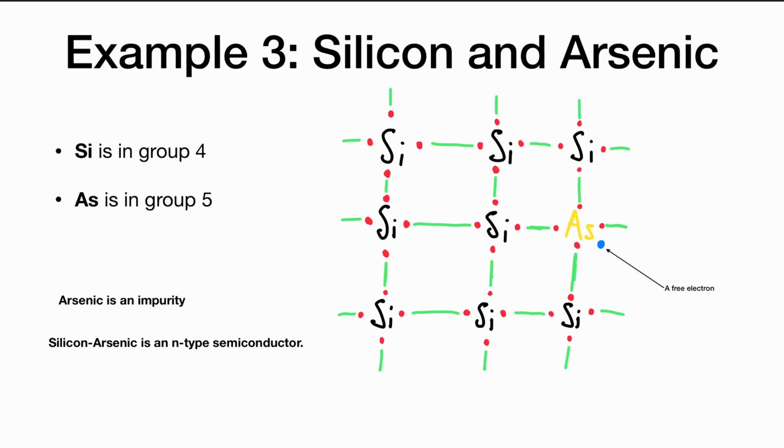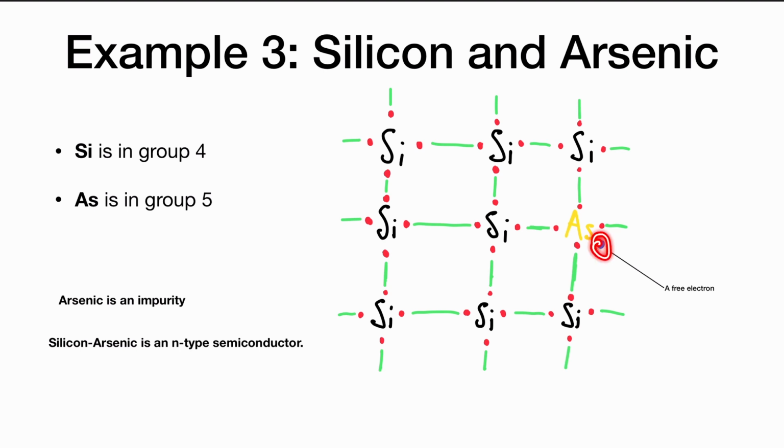Now, if we were to replace that silicon with arsenic here, arsenic is going to have 4 electrons which are going to be bonded with the 4 surrounding silicons. But then arsenic had 5. So 4 are going to be bonded, but the 5th one is going to be roaming.